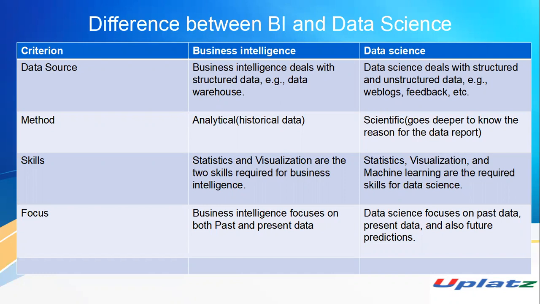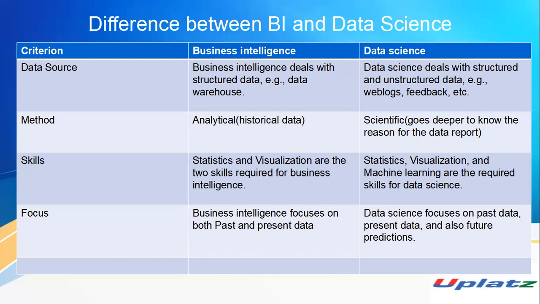But data is everywhere. So business intelligence comes under data science. Data science can be used in business intelligence also. Business intelligence is used for data analysis of business information. So let's see some important differences between them.